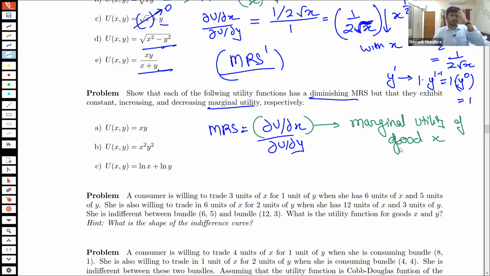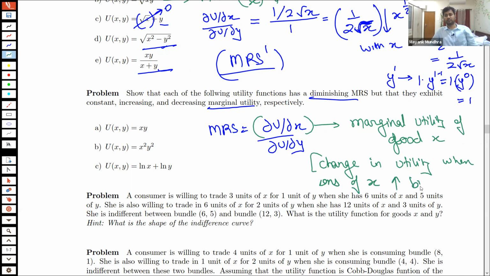What is marginal utility of good x? It is the change in utility when consumption of good x increases by 1 unit. So if you increase the consumption of good x by 1 unit, the amount of change in utility is the marginal utility of good x.